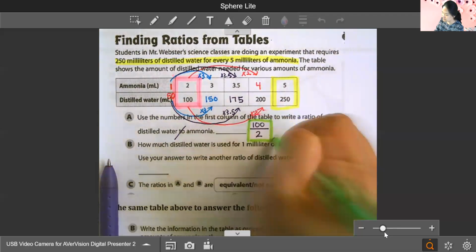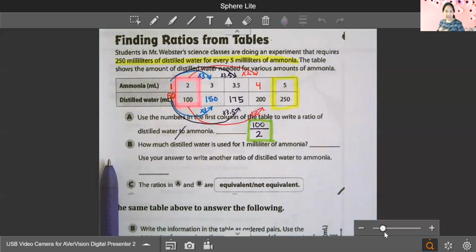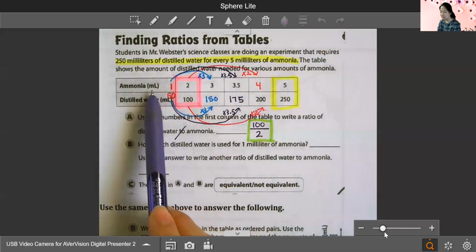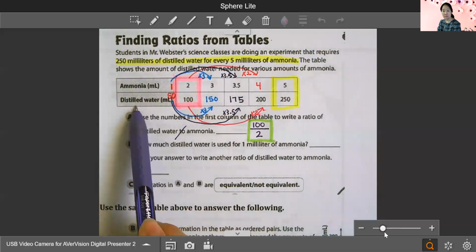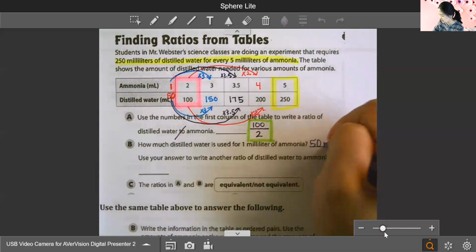I wrote it here because of these lines. Okay. B, how much distilled water is used for 1 milliliter of ammonia? Well, fortunately, I actually found it right here already. For 1 milliliter of ammonia, 50 milliliter of distilled water. So the answer is 50 milliliter.